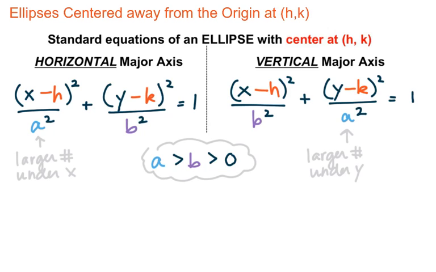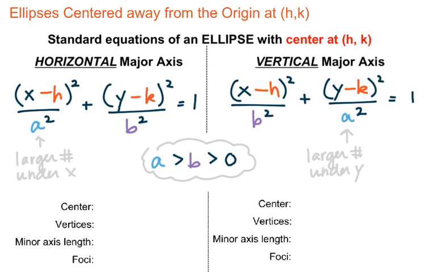So now let's talk about finding the center, vertices, the minor and major axis length, as well as the foci for these ellipses. In both of these ellipses, the center is at the ordered pair (h, k). And what we know is that the vertices are the furthest away from that center location.